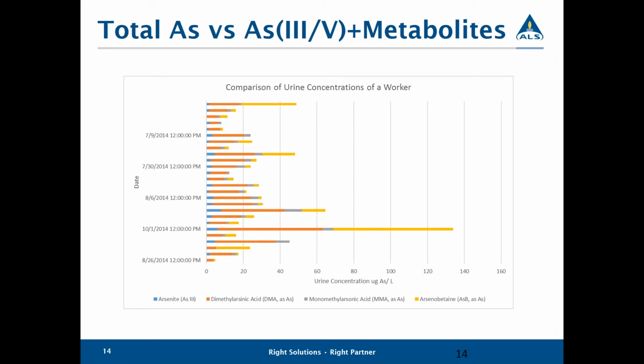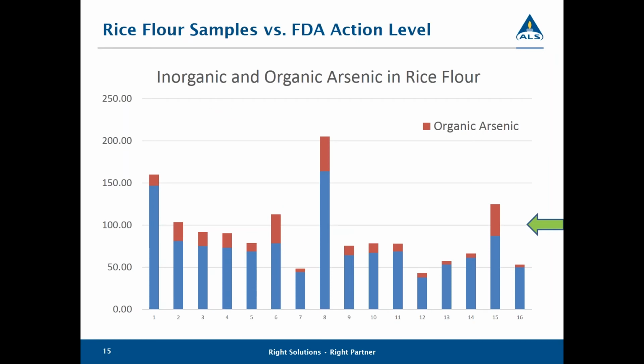So, I mentioned food, and so I'm just going to segue into food and drink, and how important it is also to be writing down everything the workers were eating during this study.